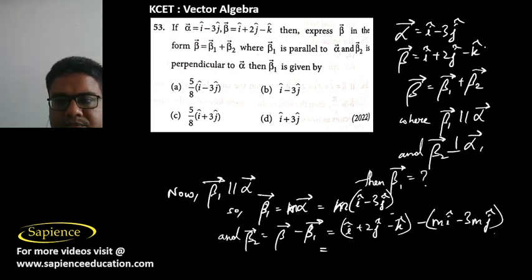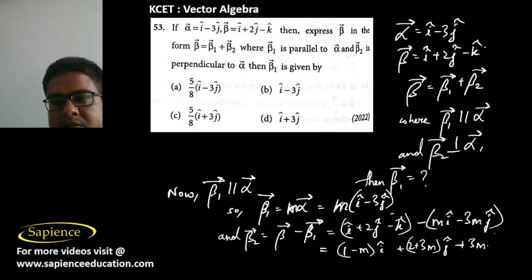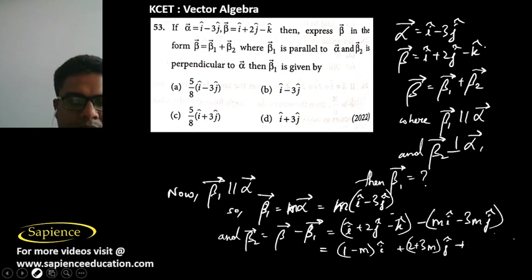Beta minus beta 1. Okay. So this will be 1 minus m I cap plus 2 plus 3m j cap minus k cap.